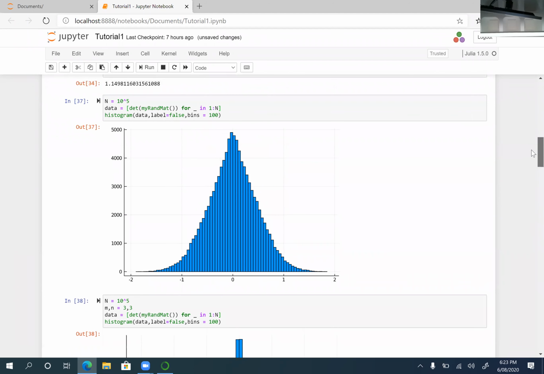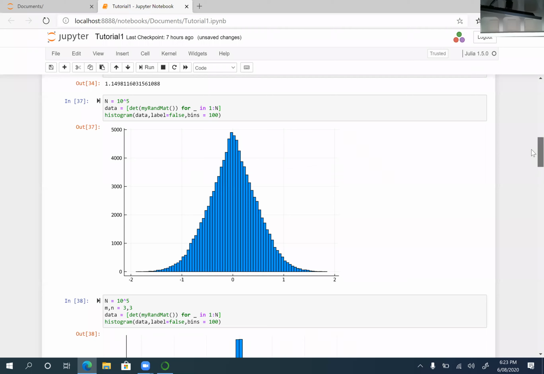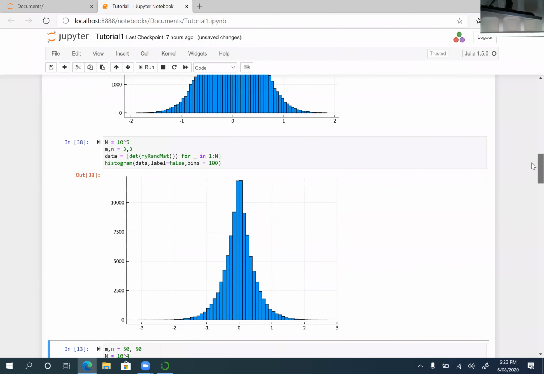And now make an observation. In the top one where you have 2 by 2 matrices, no matter how many times you run it, what you'll notice is that the shape of this histogram is different than the one below it. Here we see a wider base, whereas in the one with 3 by 3 matrices we have a skinnier, more like a tower.